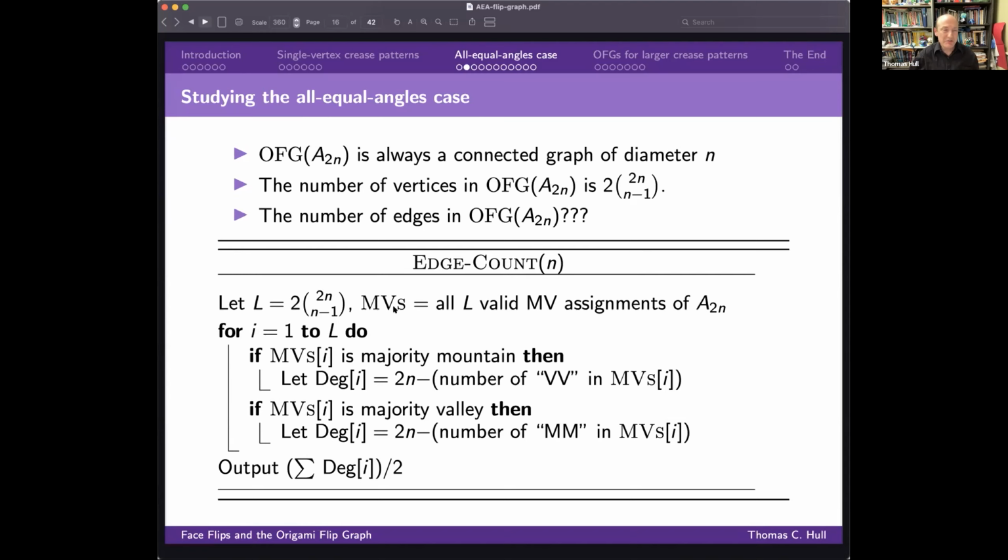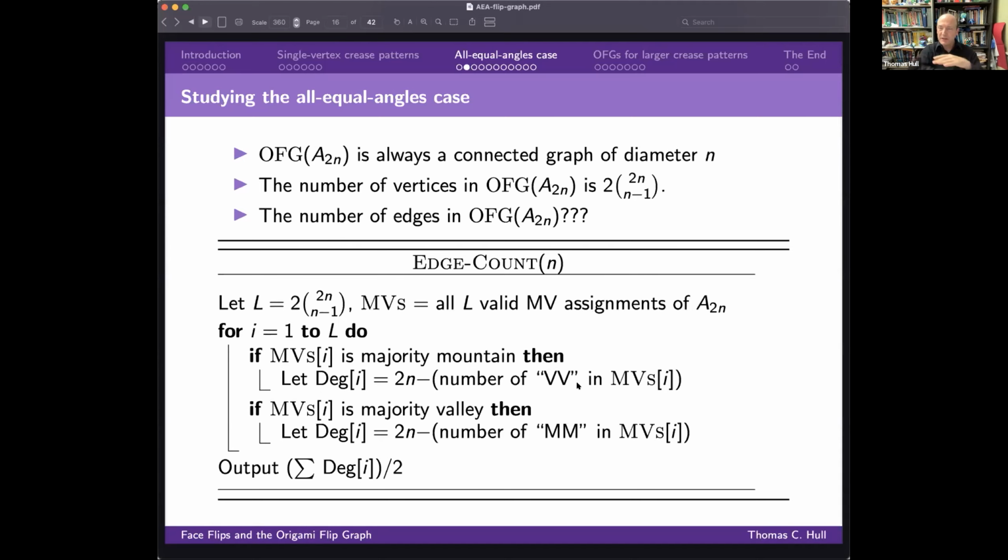The way we do it is we make a list of all the valid mountain valley assignments. Just make a big list of them. There is actually a way to do this relatively easily in Mathematica. So we put them all in a set called MVs. These represent all the vertices in an origami flip graph, right? So for every vertex, if it's majority mountain, then we calculate the degree it will have, which is exactly 2n minus the number of VV faces, the number of faces that are bordered by 2 valleys.